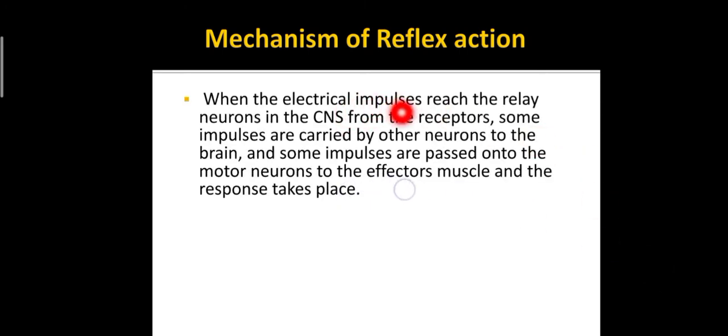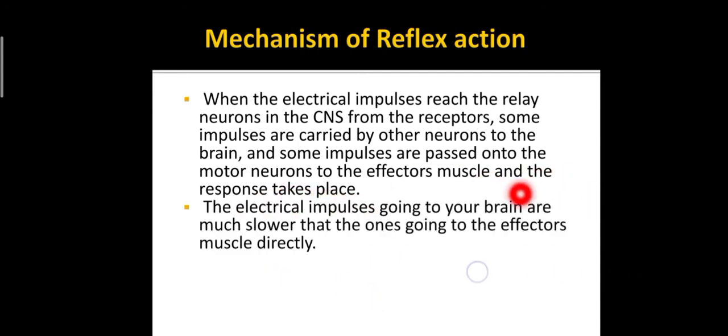When the electrical impulses reach the relay neurons in the central nervous system from the receptors, some impulses are carried by other neurons to the brain, and some impulses are passed on to the motor neurons to the effector muscles, and the response takes place. The electrical impulses going to your brain are much slower than the ones going to the effector muscle directly.